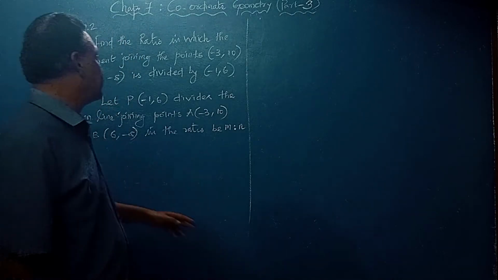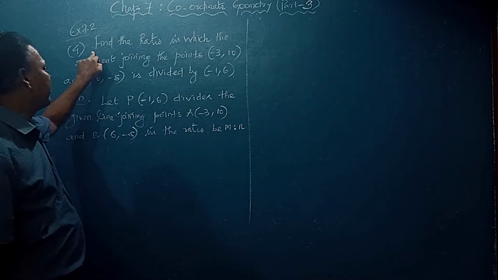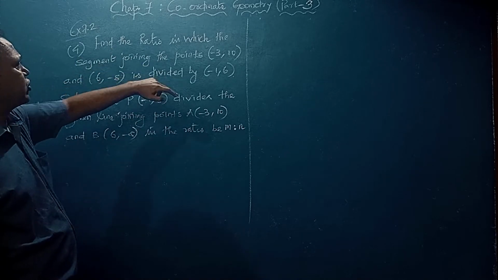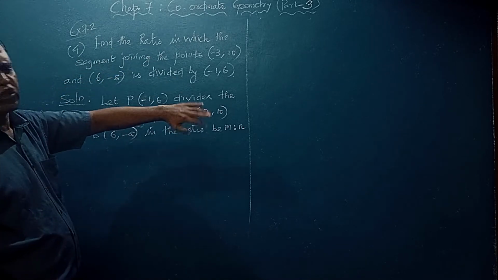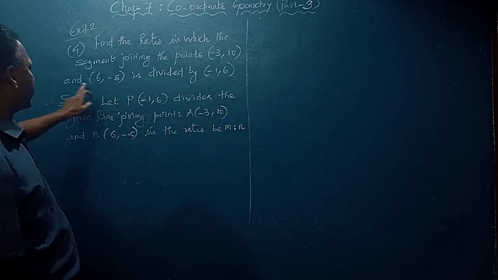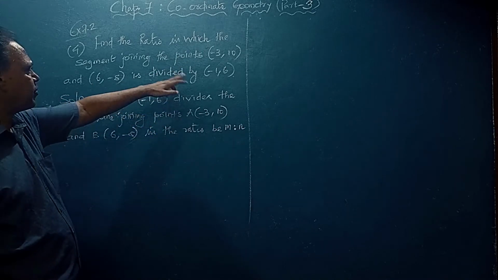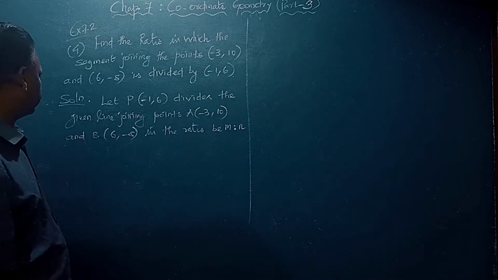So next problem we will see, this fourth problem. Read the problem. Find the ratio in which the segment joining the points minus 3, comma, 10 and 6, comma, minus 8 is divided by minus 1, comma, 6.